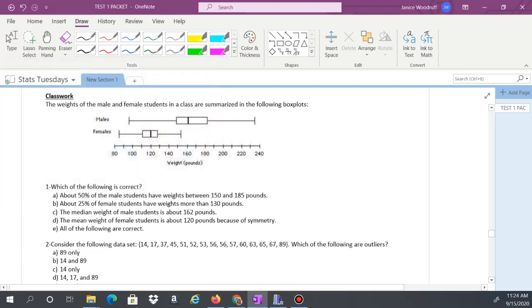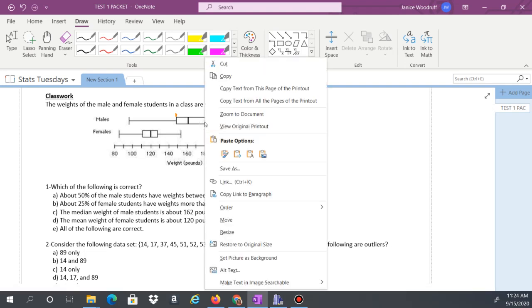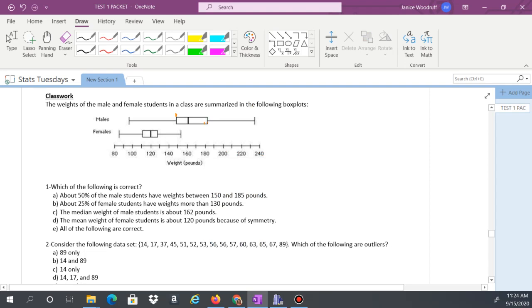About 50% of the male students have weights between 150 and 185 pounds. Would you say that is correct? Where's 150? Right here. And 185 would be 180. 180 is right here, so would this be 185?